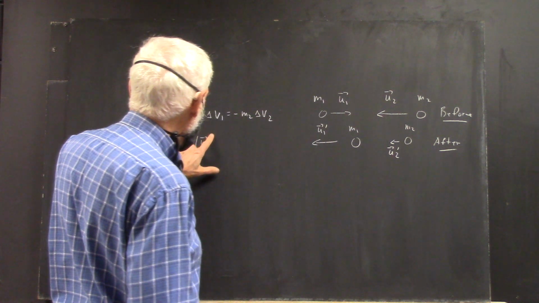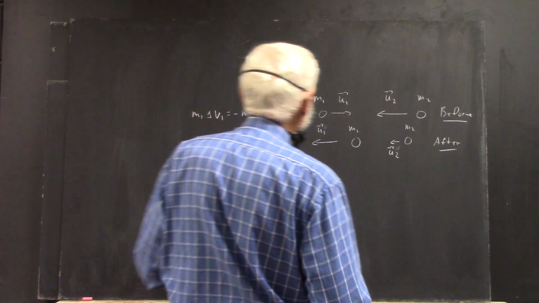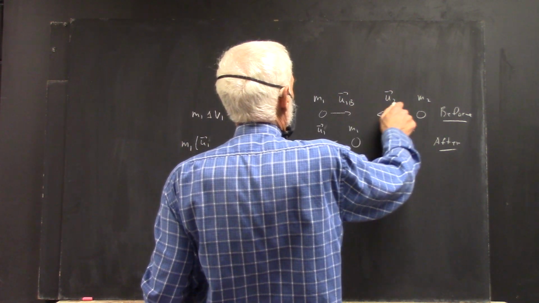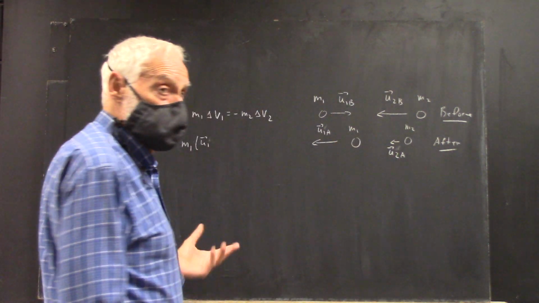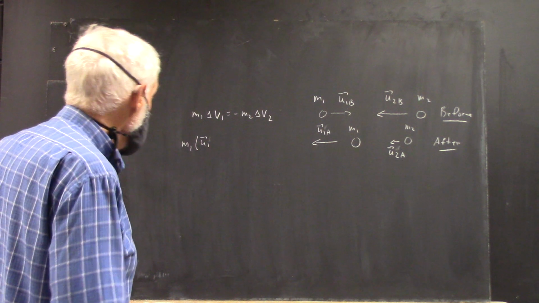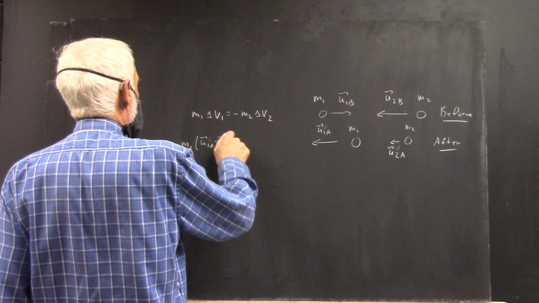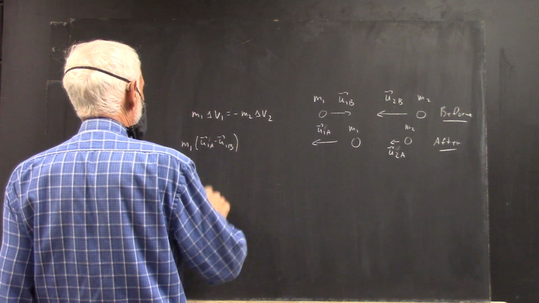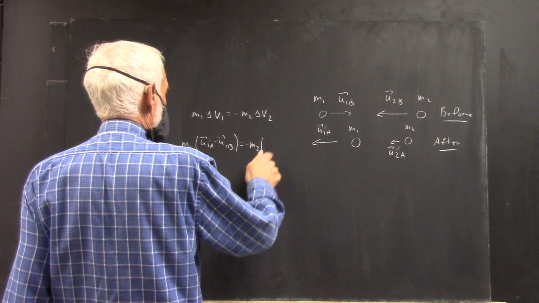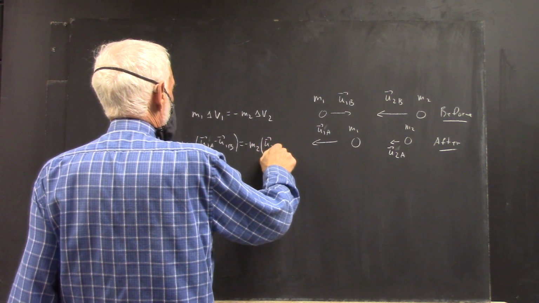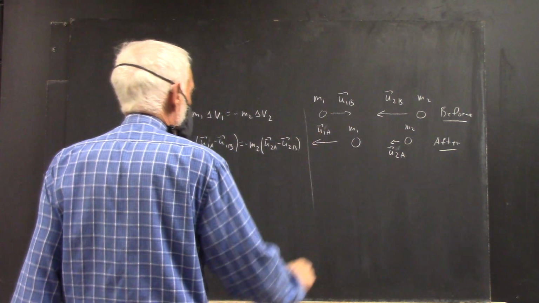And actually, so as to avoid that confusion, which I might have anticipated, I'll use B for before and A for after. I think that's going to be a better notation. Can we do that? So it's U1 after minus U1 before is equal to negative M2 times U2 after minus U2 before.